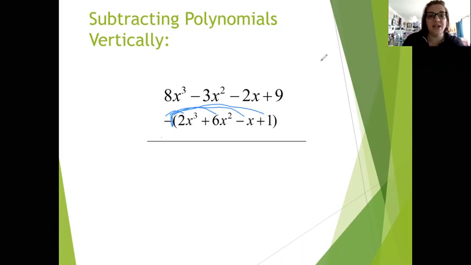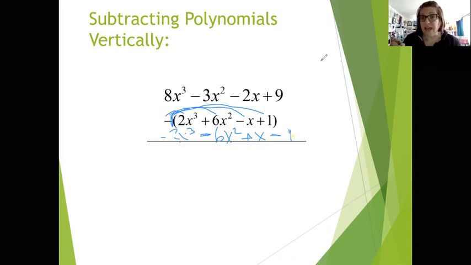So it's going to turn it into negative 2x to the third. It's going to turn this into negative 6x squared. A negative times a negative is a positive, so that's going to turn into positive x and negative 1.